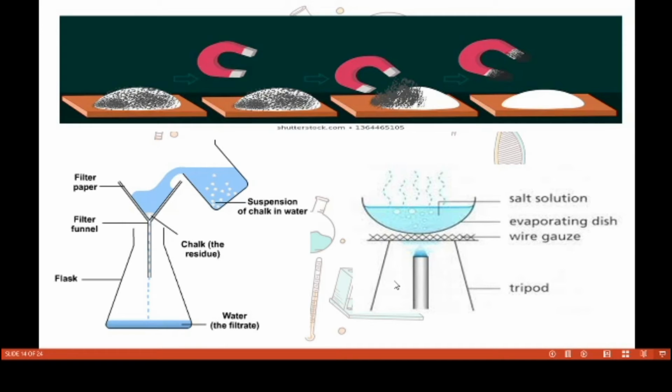Now the salt solution is evaporated and pure common salt is left behind. So following three methods of separation, that is magnetic separation, filtration and evaporation, we can separate out iron filings, chalk powder and common salt.